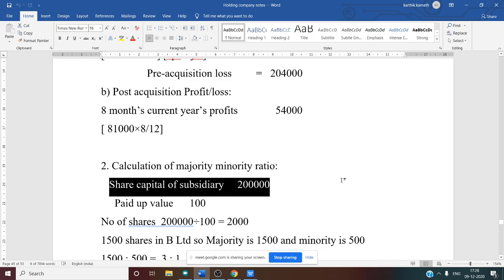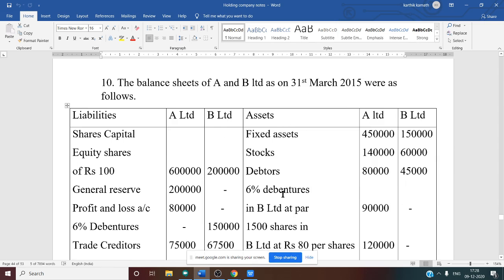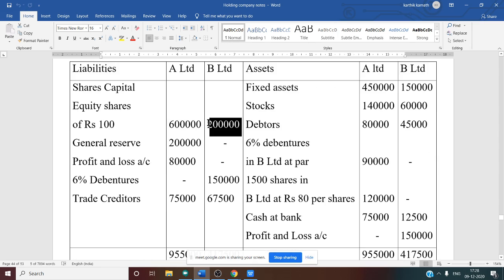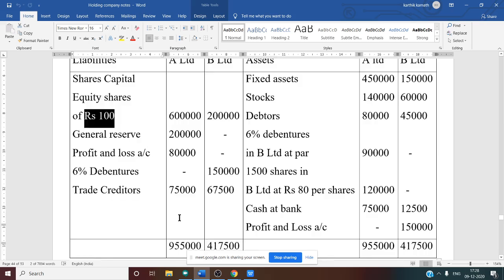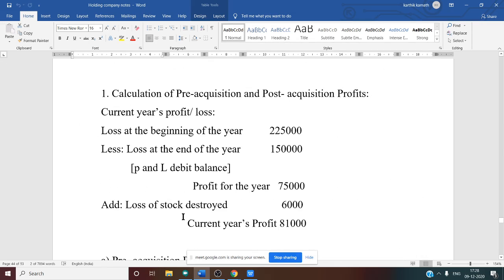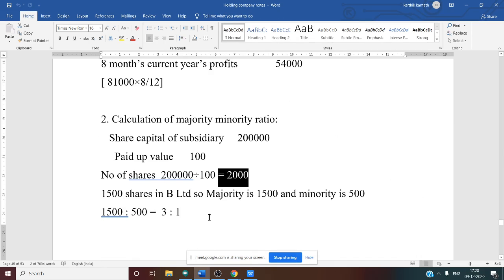First thing, share capital of subsidiary. If you see the problem, share capital of subsidiary is 2 lakh, B company capital. Number of shares we want, divided by 100, you will get number of shares as 2,000. Out of this 2,000, investment made by holding is 1,500. So 1,500 is equal to majority.